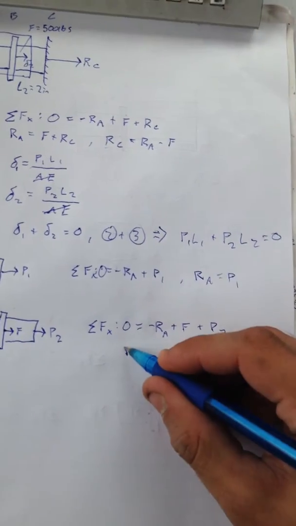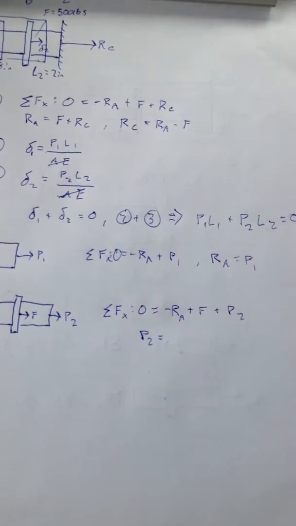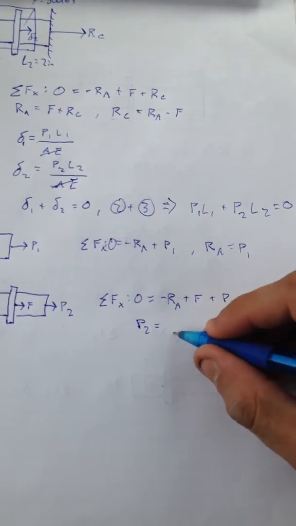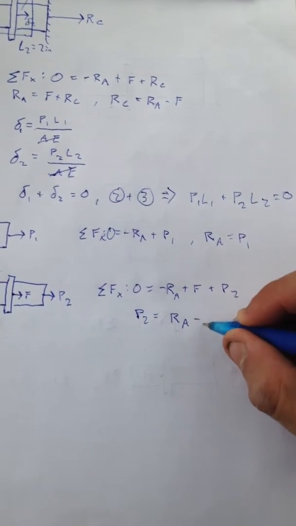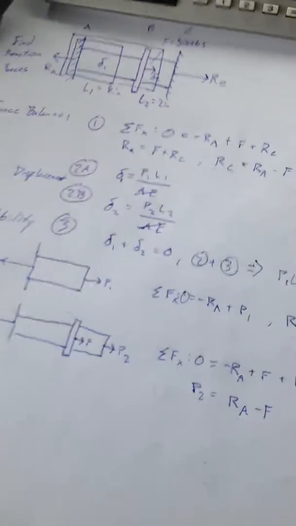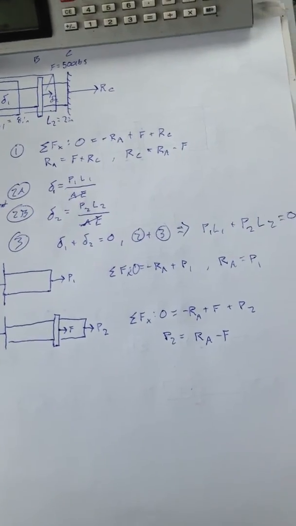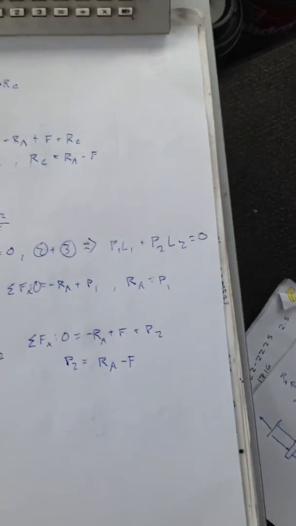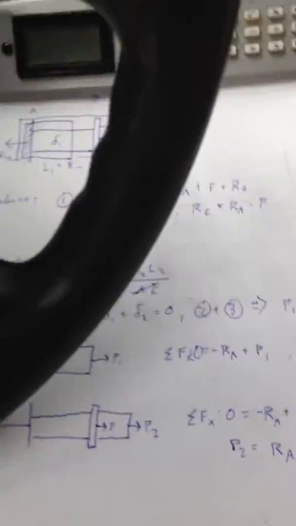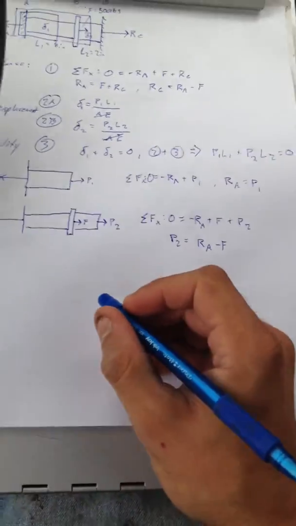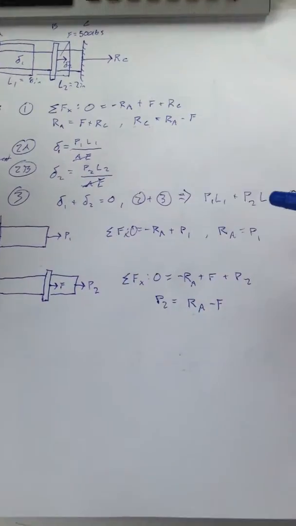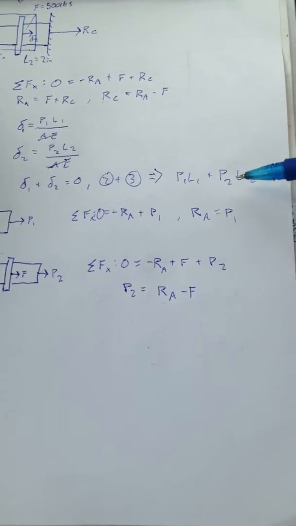So we can see that P2 equals RA minus F. Okay, so now we can plug those into the things we already had before, the P1 L1 plus P2 L2 equation.